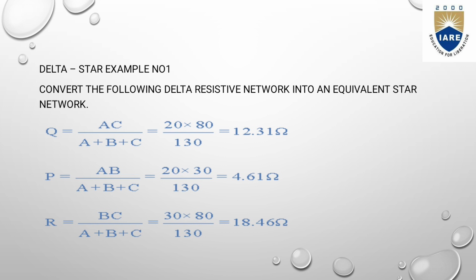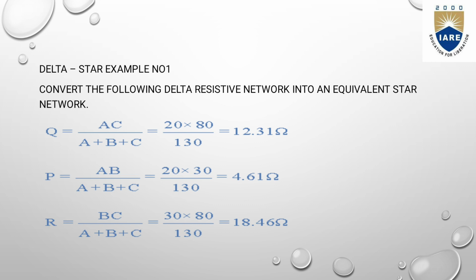So for delta star conversion, we'll see one example. Convert the following delta resistive network into an equivalent star resistive network. Here the resistor values are given as R1 is 20 ohms, R2 is 30 ohms and R3 is 80 ohms.